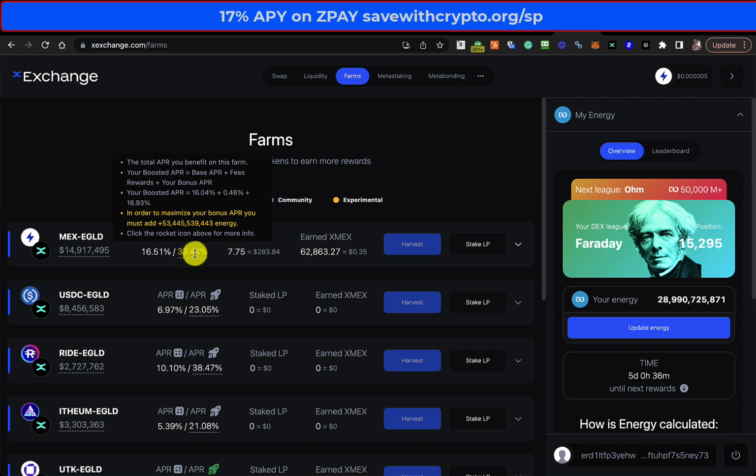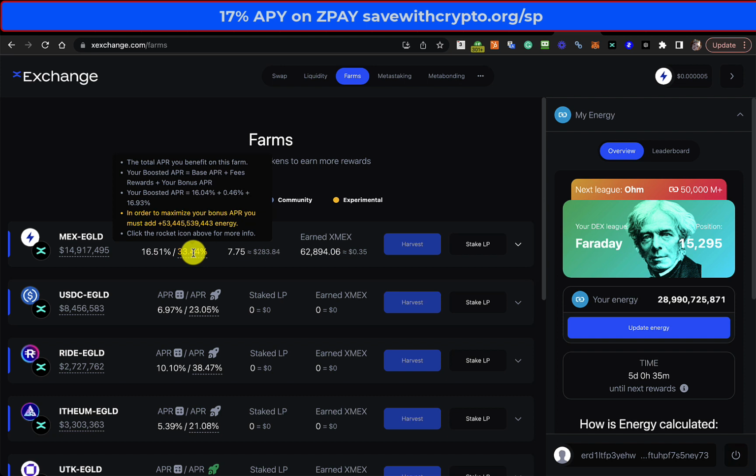The only thing is this APR dropped down here because there's not now enough energy for that amount of liquidity to get the boost. So it says here I need to increase it by 53.4 billion. Now, I think that's about $150. So yeah, maybe I should convert a bit of ZoidPay into MEX and then lock it for 4 years.